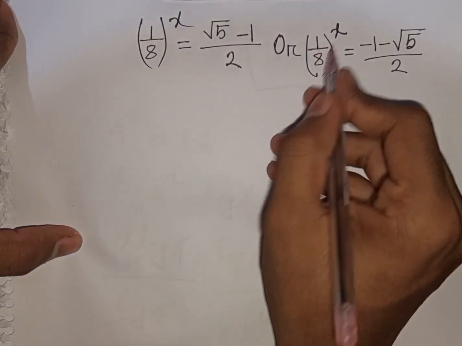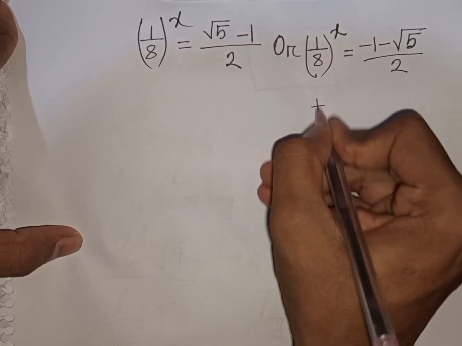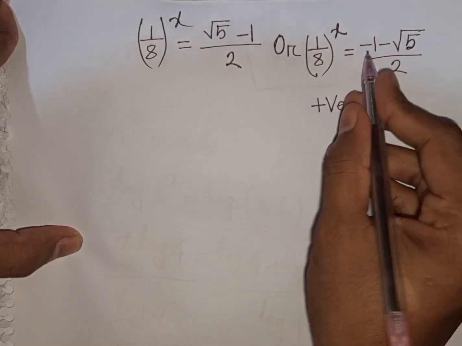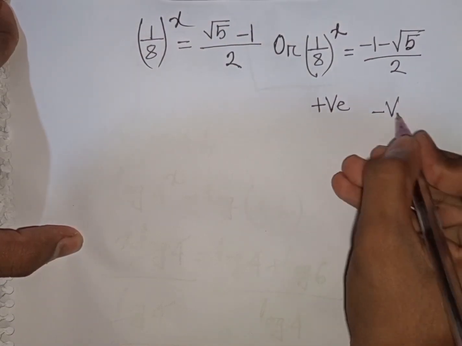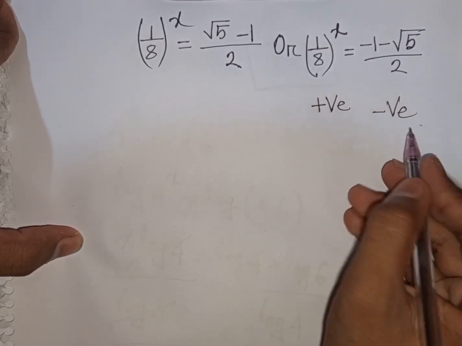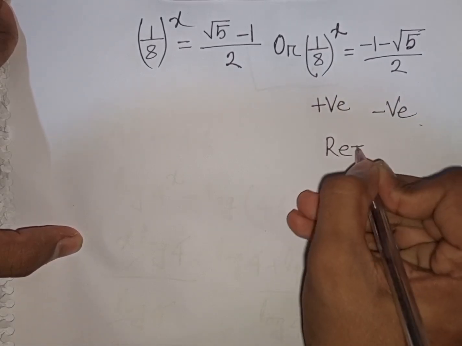We see 1 by 8 bracket power any number is always positive, but this is negative. So, positive cannot be equal to negative. So, this is rejected.